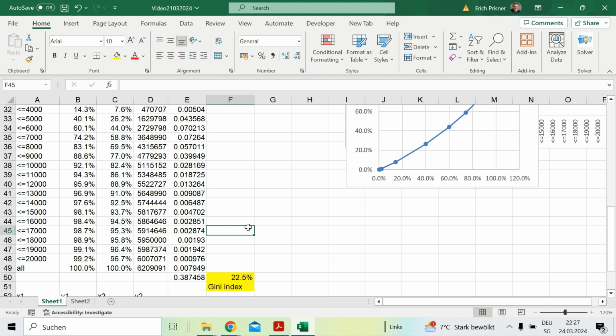Now you might wonder, why is it so small? Gini index in Switzerland is about 32%, maybe 33%, around this. Why would this number be so small? Did we make a mistake? Think about it for a second. There's not just one Gini index in Switzerland. It all depends on what the population is.